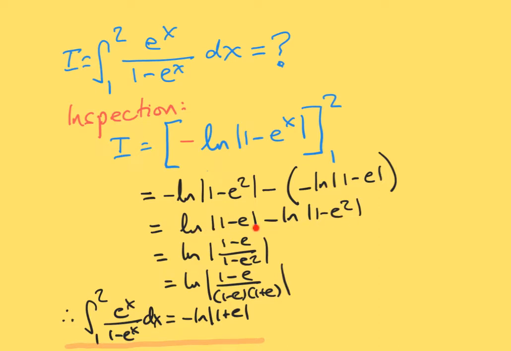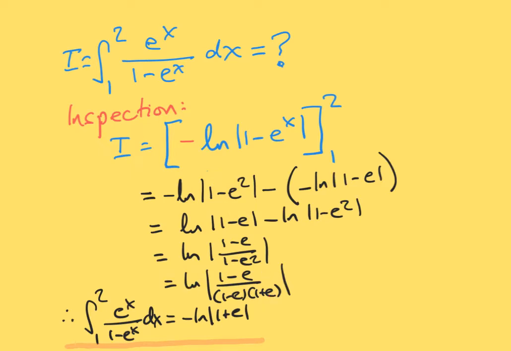We can now combine them using the rules for logarithms. The log of a minus the log of b is the log of a over b. So it's the log of 1 minus e over 1 minus e squared. 1 minus e squared is one of our favourite algebraic things. It's 1 minus e times 1 plus e. The 1 minus e's will cancel, and we're going to get the log of 1 over 1 plus e.